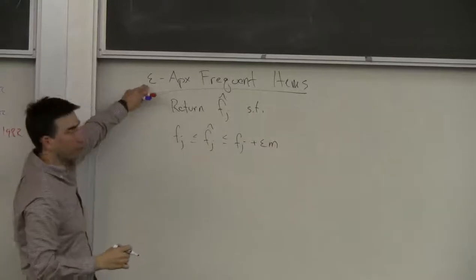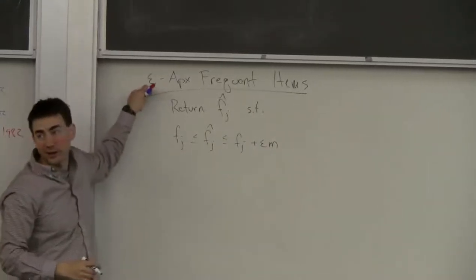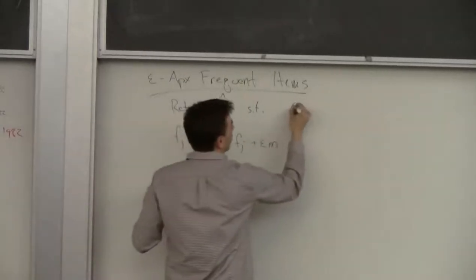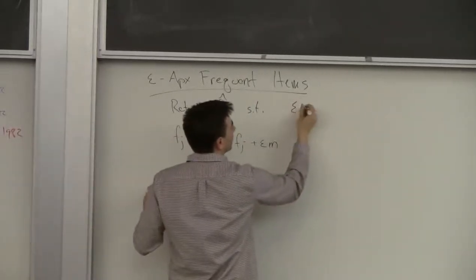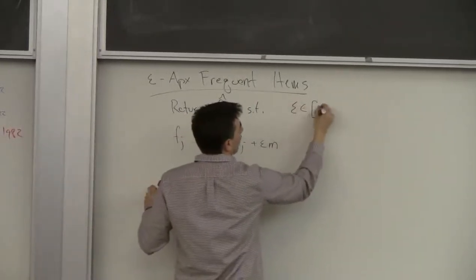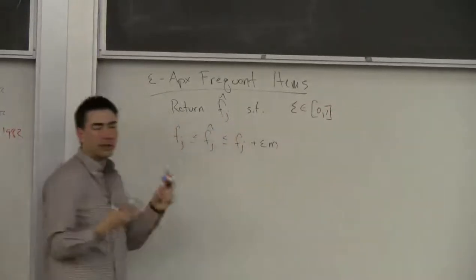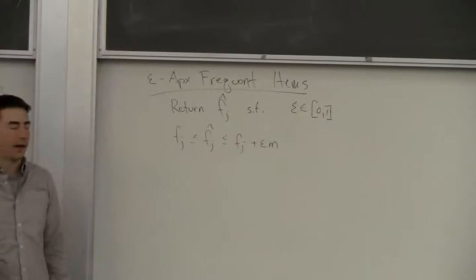So now I've replaced 1 over k with epsilon. It's basically the same thing. Epsilon is now my percentage, somewhere in between 0 and 1. So think of this as the percentage error I have.